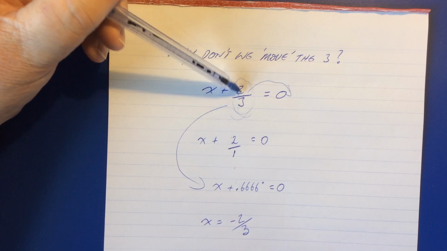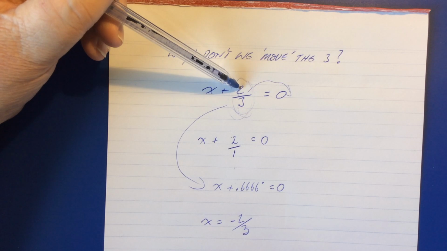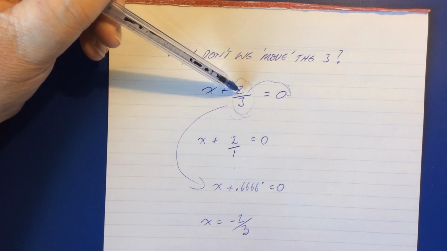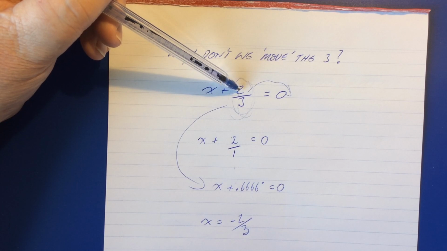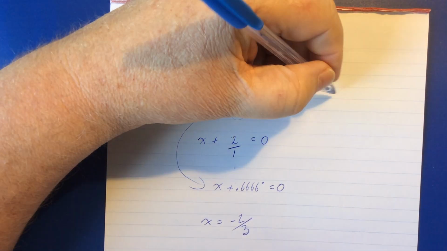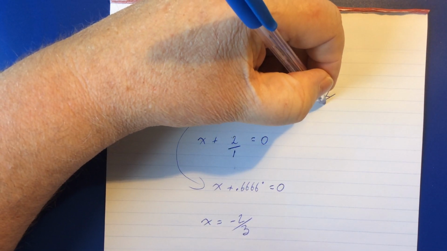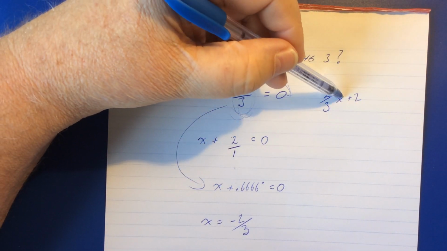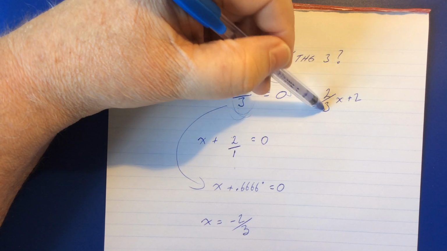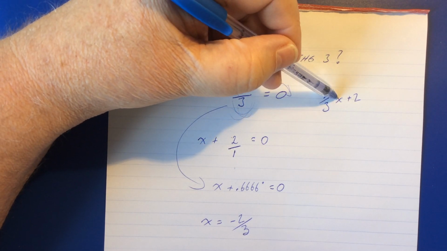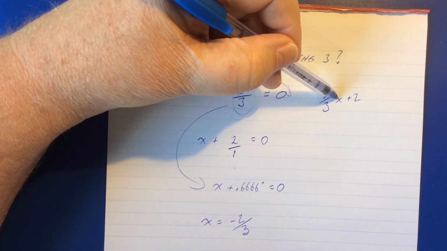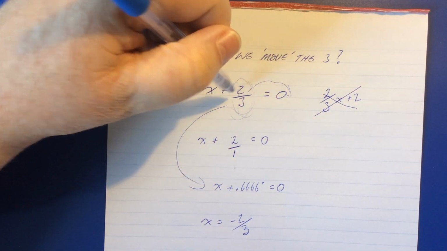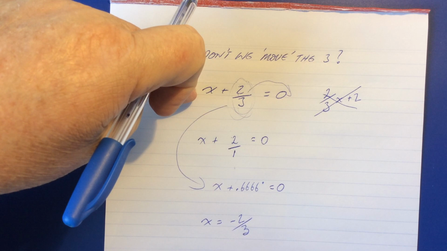The changing of the numbers does not necessarily augur any change in method. Something like this where we've got 2/3 times x, now that is a very different story. That and this we treat quite differently.